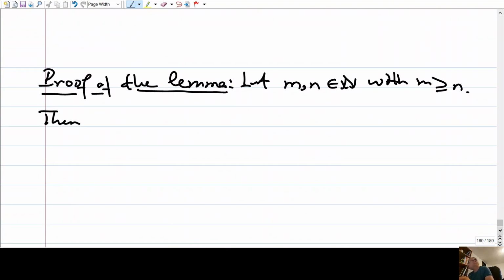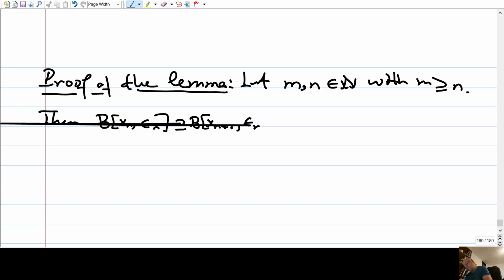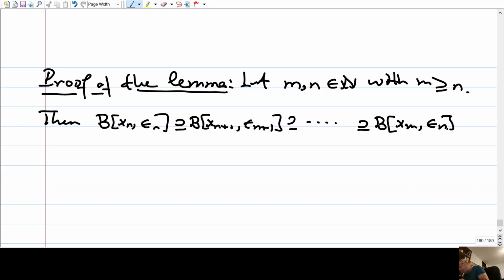So we have this ball B(x_n, epsilon_n) contains B(x_{n+1}, epsilon_{n+1}), and this contains the next one, up to the m-th one, B(x_m, epsilon_m).